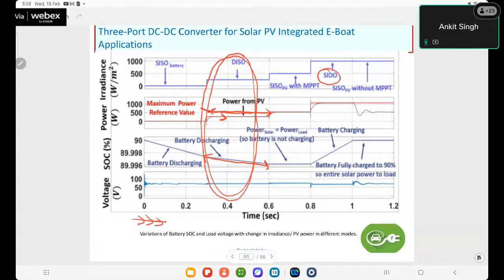This is the important thing, this mode, which is not available in the conventional electric vehicle running on the road. For some light electric vehicles like the e-rickshaw, we do not install solar PV because the area is not that much, so this mode does not usually come.